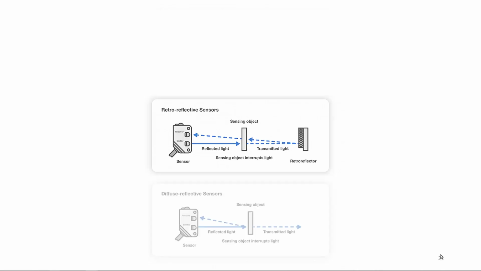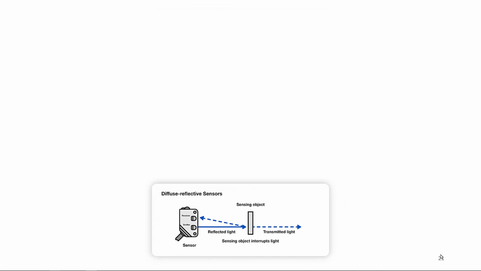And then, of course, the last one, the easiest one to install and adjust, is the diffuse reflective sensor. This senses light that is diffused off of the sensed object. If there's nothing there, then the light just goes off into space.